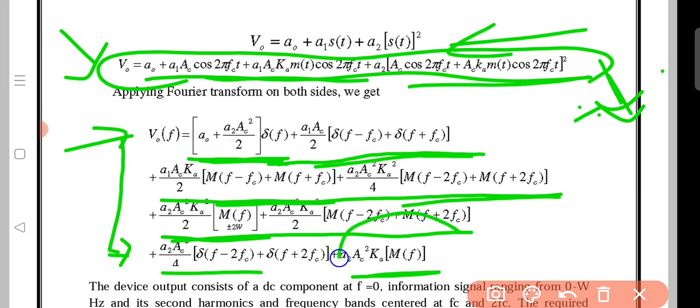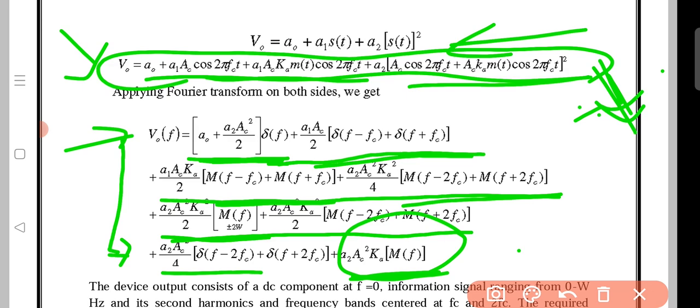But observe the last term in the frequency domain, and expand it step by step. There are similar equations. In that also, the last term, A2 AC square Ka m of t, occurs in the time domain representation as well. In the frequency domain representation it is represented as M of f.